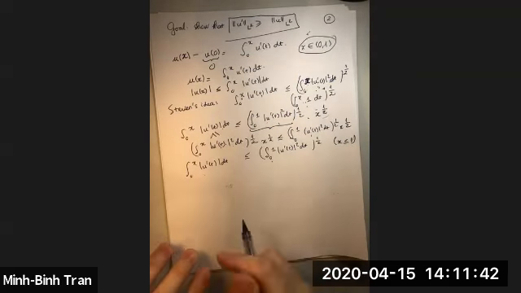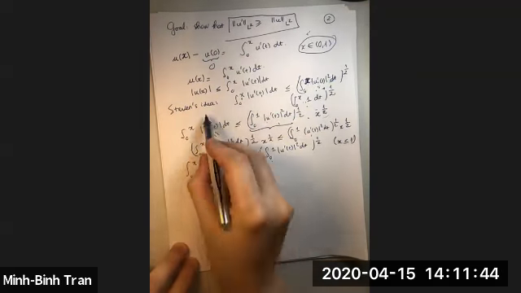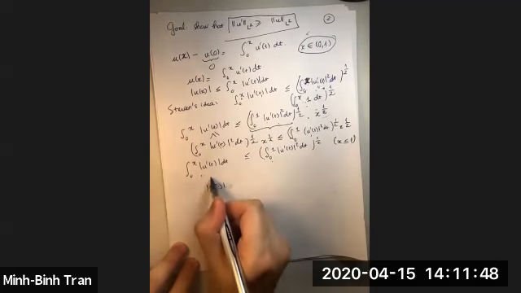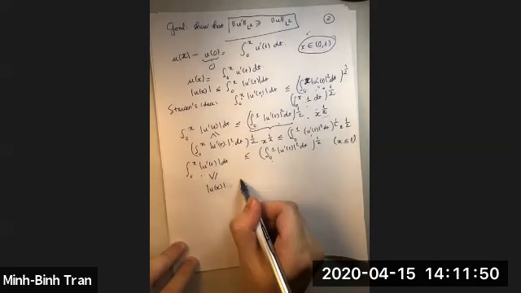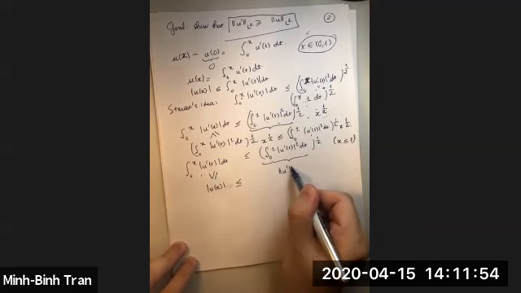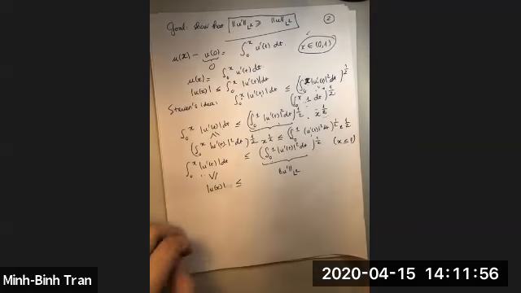This guy is bigger than u(x), so u(x) is again smaller than this quantity, which is the L2 norm of u prime, right?